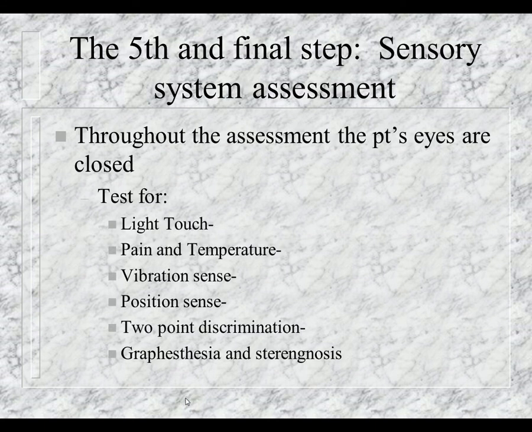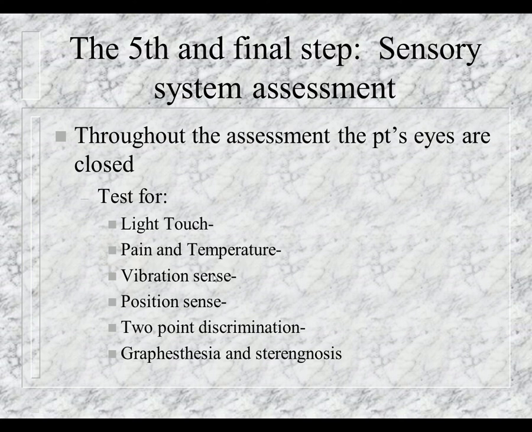The fifth and final step is the sensory system assessment. This is throughout your assessment with the patient's eyes closed, and you tested for these in your head to toe. That was light touch: tell me when you feel this, and you were doing that with the cotton ball. Pain and temperature: we did sharp and dull, and if they have that intact, then temperature's intact.